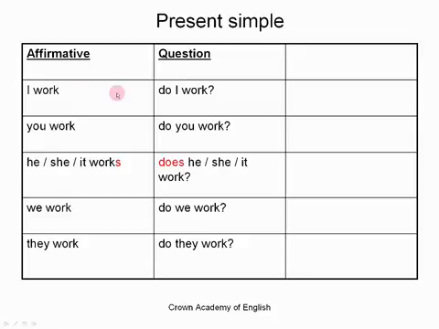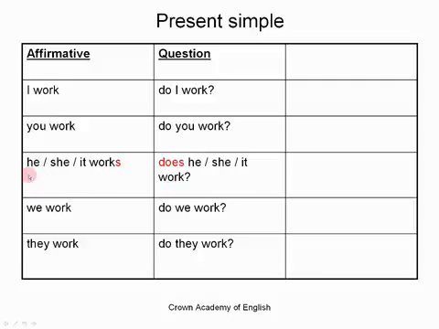Well, it's simple. We just add the word do to it. So I work becomes do I work. You work becomes do you work. And this is the only one. Again, it is always the third person singular, which is the one that changes, which is the important one.